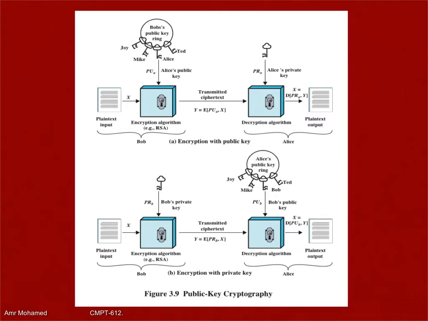But when it comes to techniques like RSA, ElGamal, or elliptic curve, you can use either the public key or the private key for encryption, and the other one would be used for decryption. And if it's reversible, then you will get the original message if you decrypt using the private key.